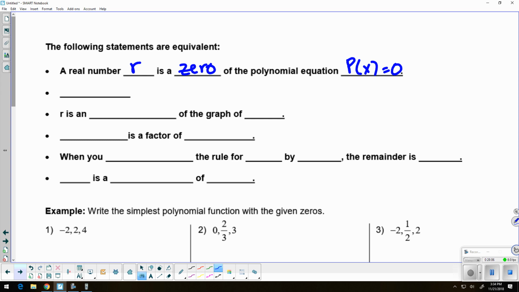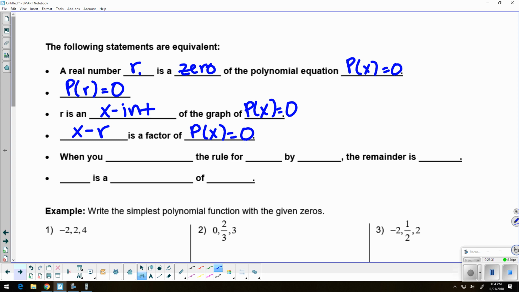The second one says p of r is 0. So if you plug that number into x for the polynomial, you will get 0. r is an x-intercept of the graph of p of x. The next says that x minus r is a factor of the polynomial p of x.